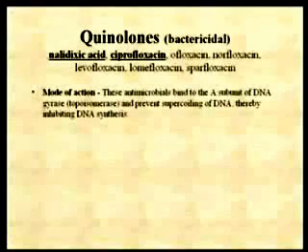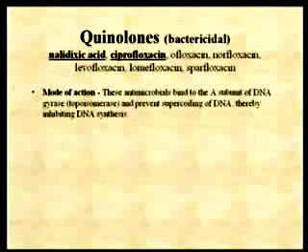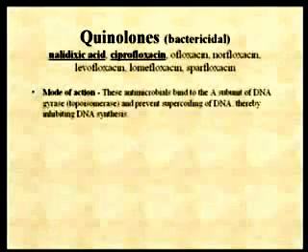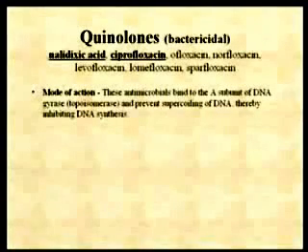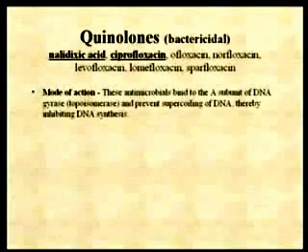DNA gyrase is one of those enzymes that does that, okay? The quinolones bind to the alpha subunit of the DNA gyrase and inhibit unwinding of the supercoils and then rewinding. So the bacteria can't replicate its DNA, basically.